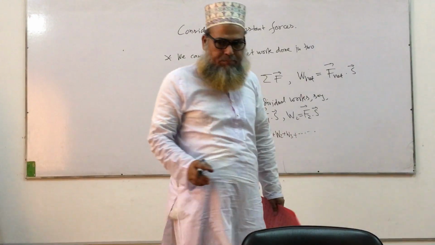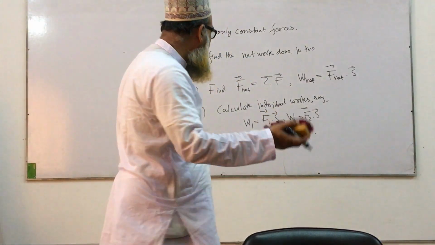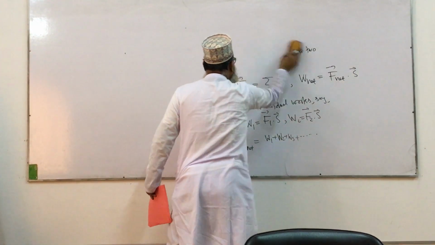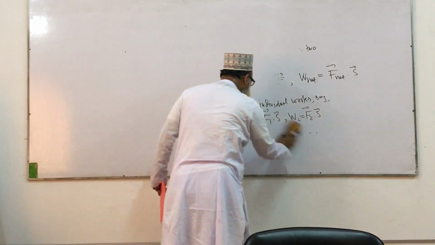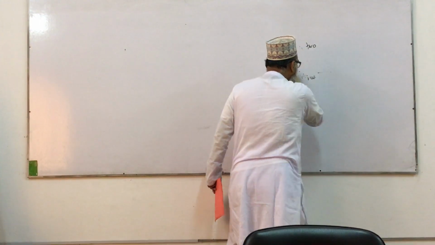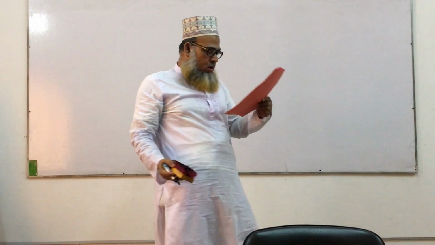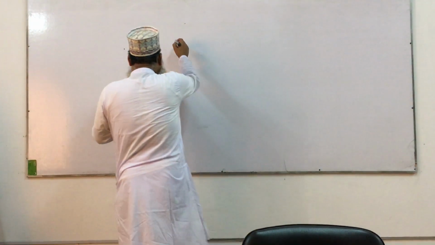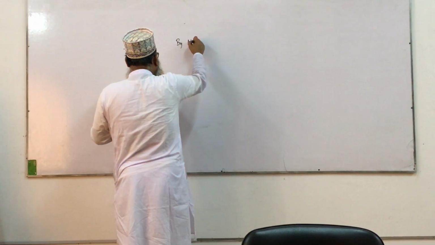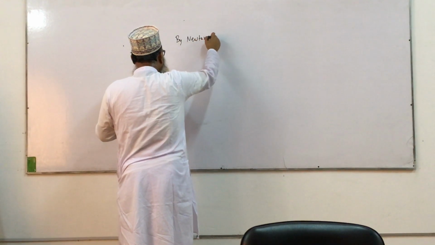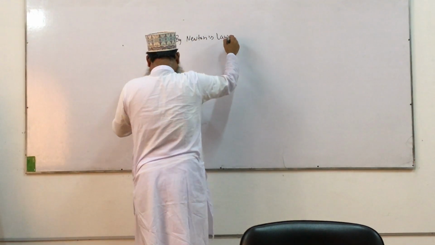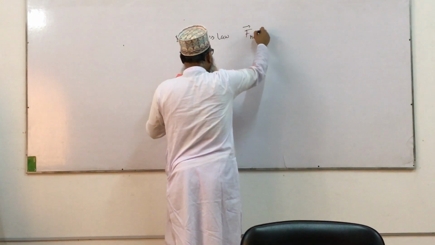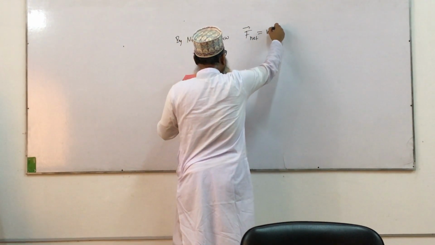Now, by Newton's law, F net equals m a vector.